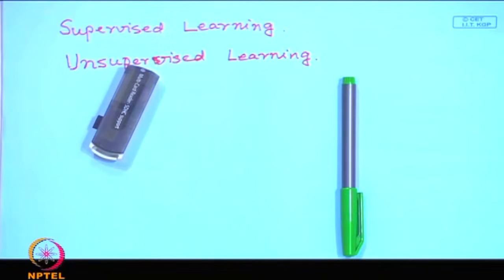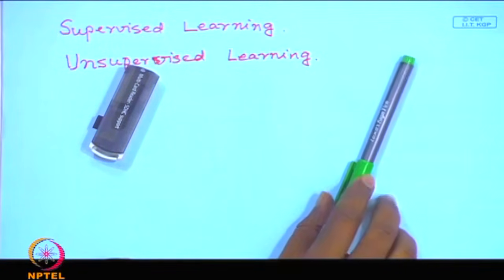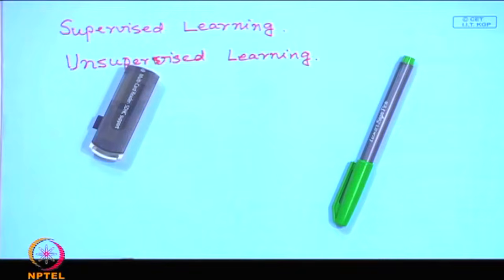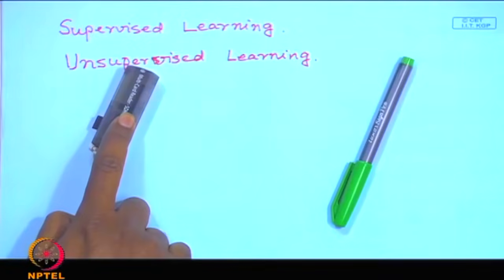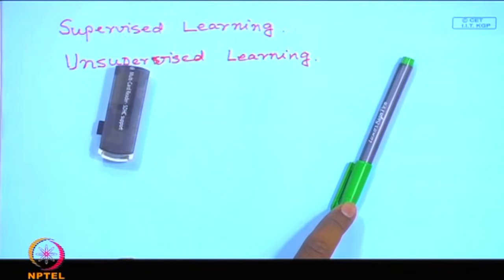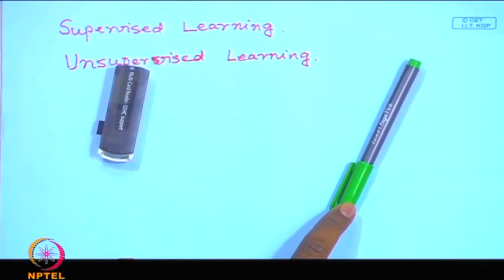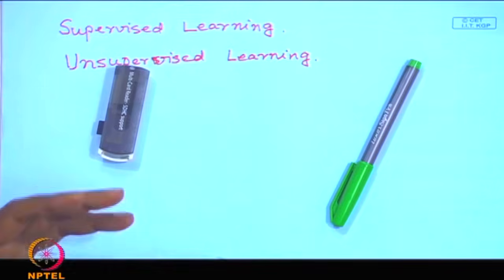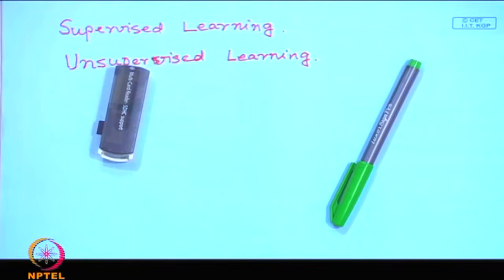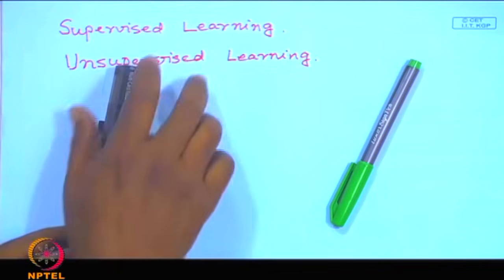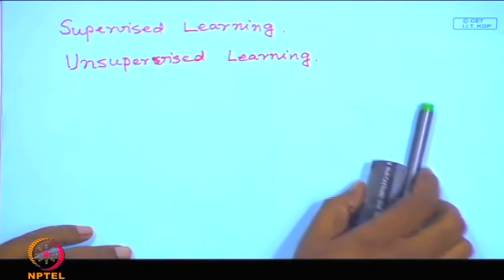So, this object should have some description, this object should have a similar kind of description, and the instance of the description for this object and the instance of the description for this object should be different. And this description is what I am calling a feature. Okay. So, what are the different types of features that we can have?